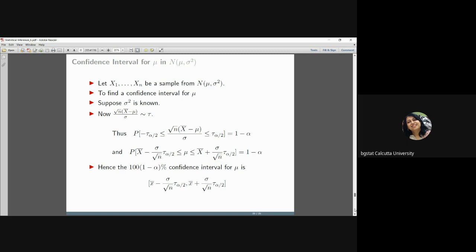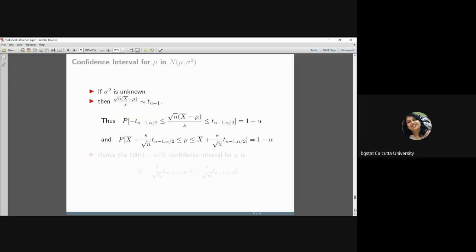My alpha is 0.05, so tau 0.025 and x bar plus sigma by root n times tau 0.025. So basically x bar plus minus sigma by root n times tau 0.025. These are the two confidence bounds, and we are 95% confident that mu lies between these two bounds.